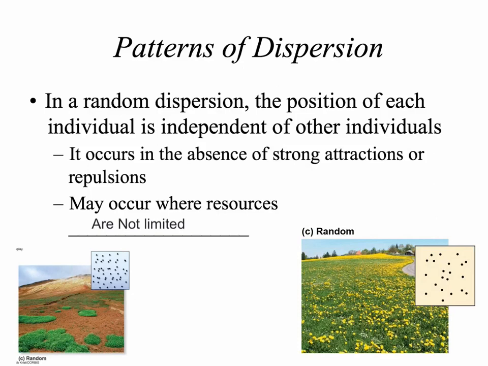This means there's plenty of resources for everyone. So in the case of these plants, wherever the seeds land, they will grow because resources are plentiful. We see the same thing with these flowers in the field. Because there are plentiful resources and the plants are not territorial, we see they can grow anywhere and are randomly spaced.